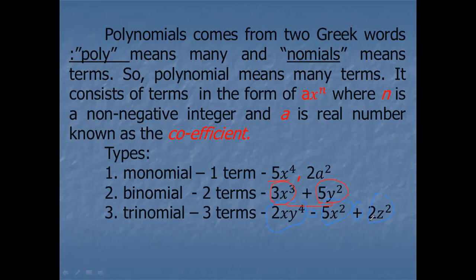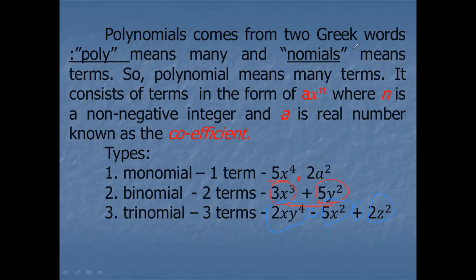Those are polynomials. Take note: the coefficient is the number, which is a real number. Variable is the letters, and the power is the exponent, which should be positive.